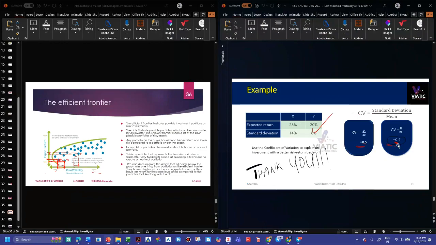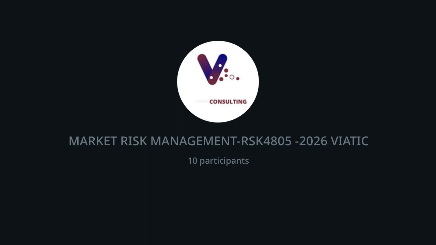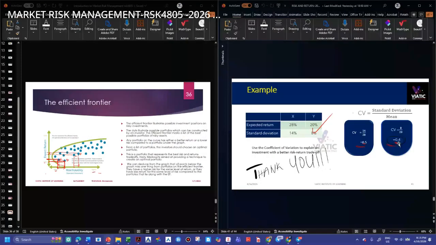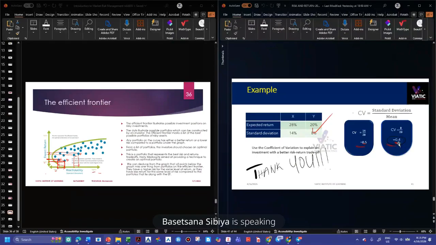So in this case, which stock are we going to pick? 0.4, right? Which is stock Y. Is that correct, guys? Are we all agreeing that we pick stock Y?